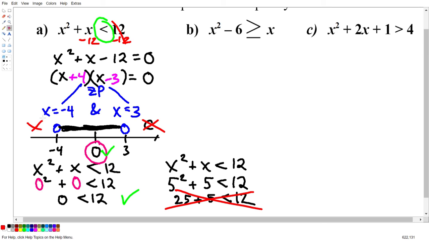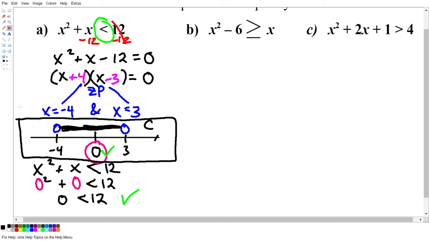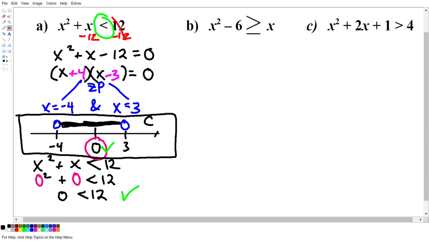And it's going to be the same thing if we try any negative numbers that are less than negative 4. So I can go ahead and confirm that my answer right there is going to be true.